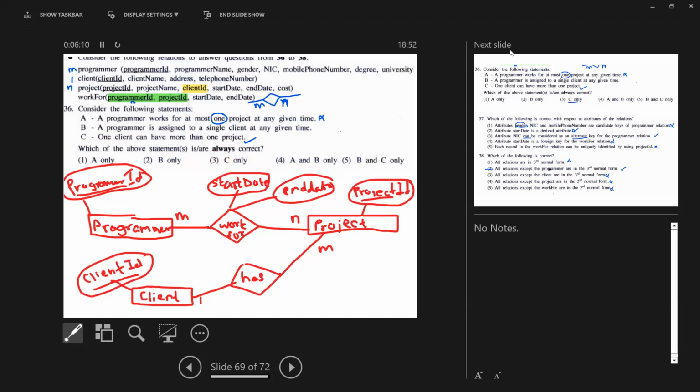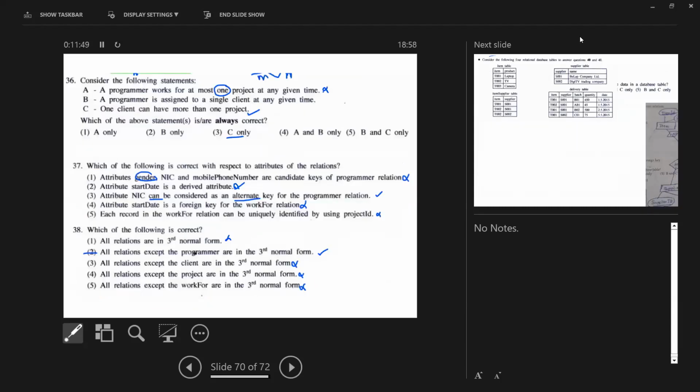Okay. If you want, you can draw this one. Question number 37. Which of the following is correct with respect to attributes of the relations? Attributes gender, NIC, and mobile number are candidate keys of the program relation. Can we say gender is a candidate key?